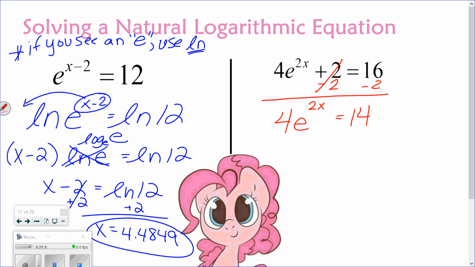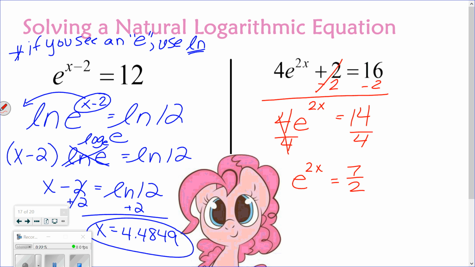Is the e by itself? Divide by 4. Yeah, you're trying to take as much away from that as you possibly can. So e to the 2x equals, I'm just going to simplify my fraction to 7 over 2. It doesn't divide nice, so I'll just go ahead and simplify it.